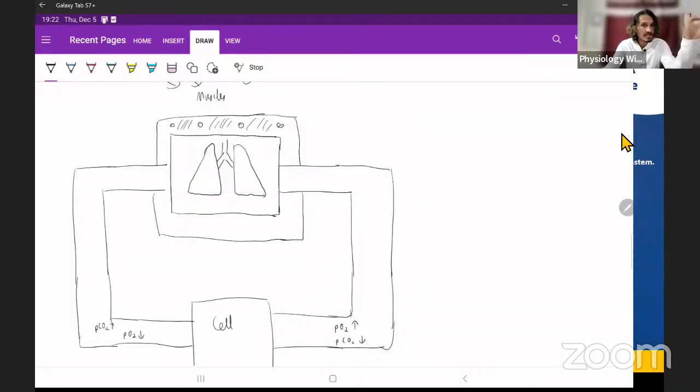Did I oxygenate it well enough? If not, I have to inspire more air. Or instead, if PCO2 is higher, I need to respire faster to wash it out. So like that, you need some sort of peripheral feedback.